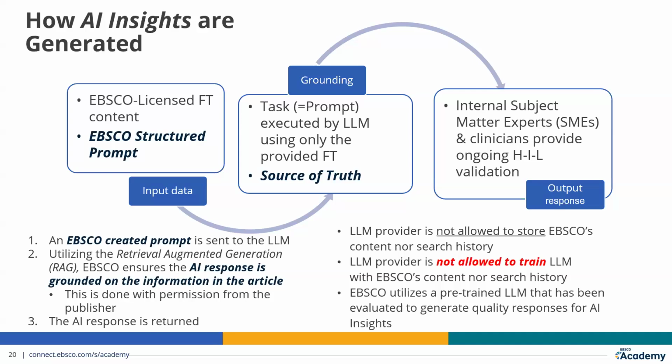A couple of things to remember is that our LLM provider is not allowed to store EBSCO's content or search history. It's not allowed to train with EBSCO's content or search history. And we use a pre-trained LLM to generate quality responses for AI insights, and we evaluate them with that human in the loop validation.